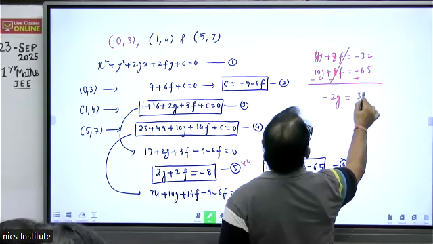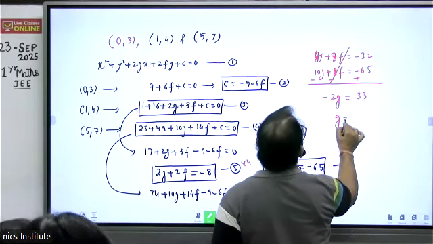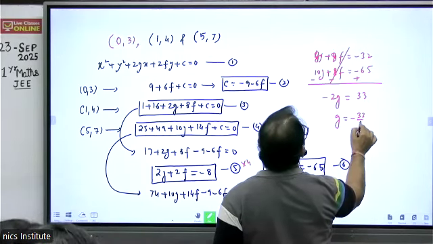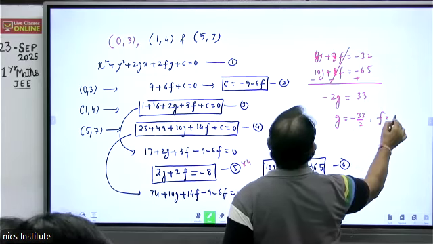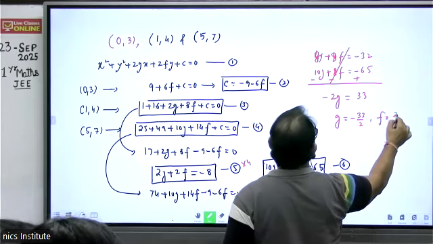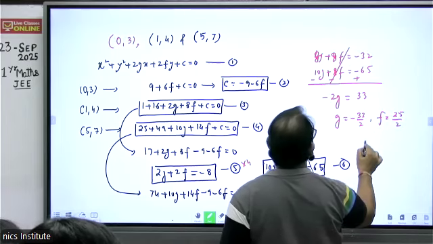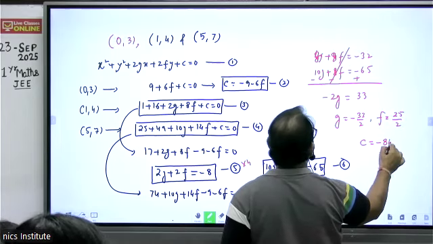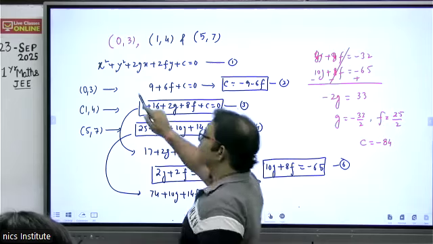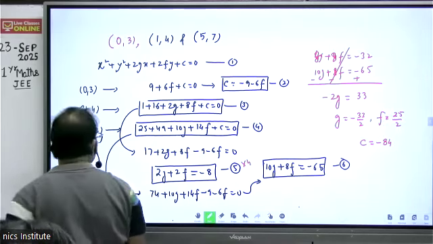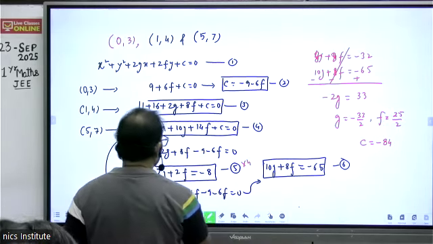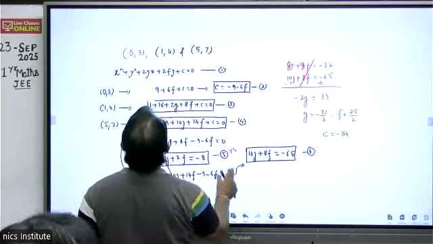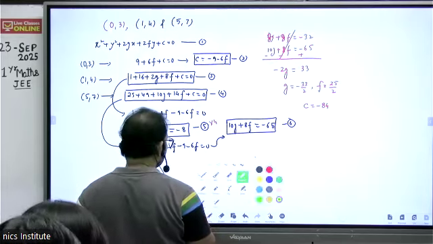So G is coming out to be -33/2. F is coming out to be minus, and C is -80, and then you get the equation of circle. So three equations, three unknowns, and we get the answer.